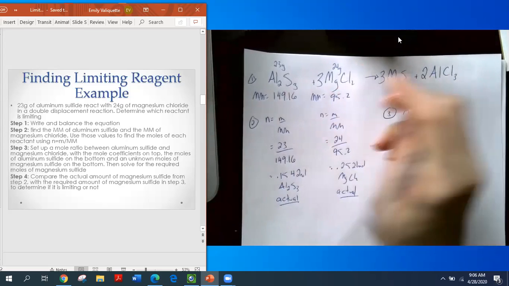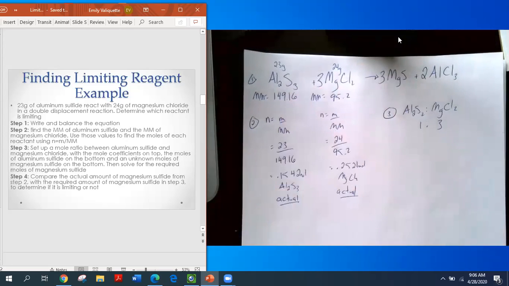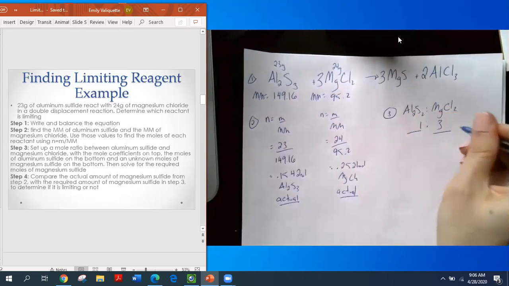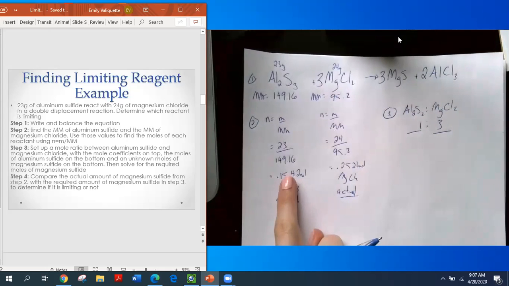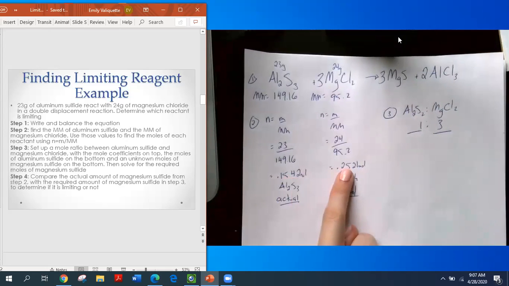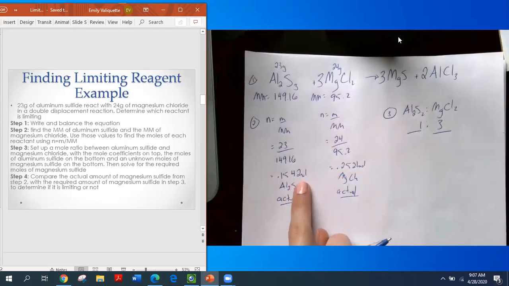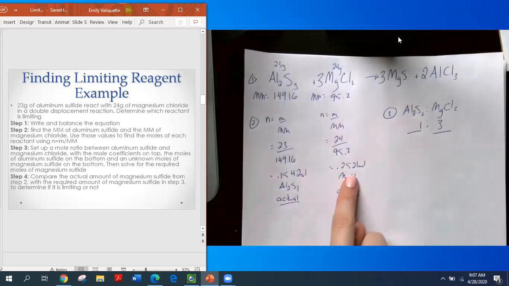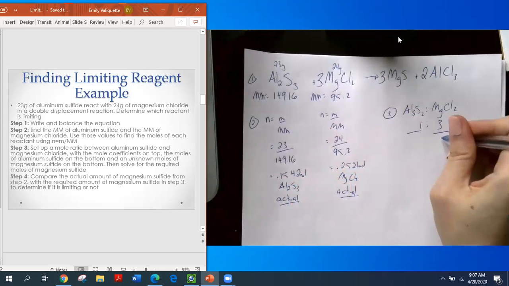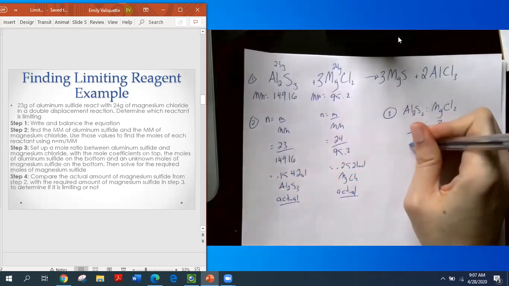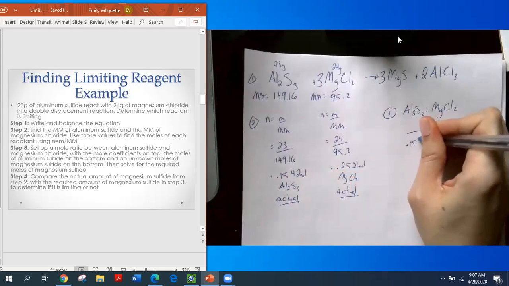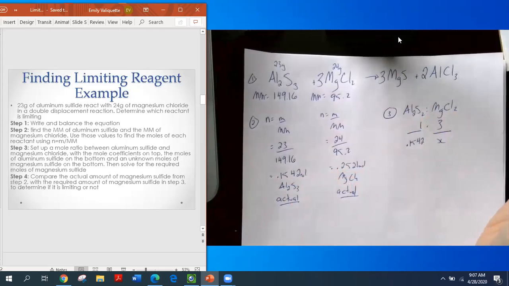This is a 1:3 ratio. And then all I'm going to do is pick either of these two mole amounts. It doesn't matter which actual mole amount I pick. In the end, you'll be able to solve either way.